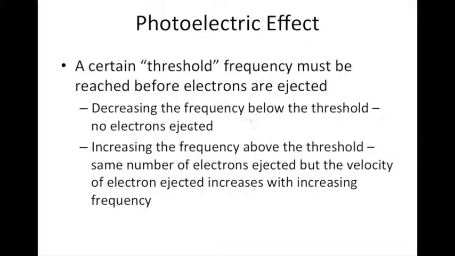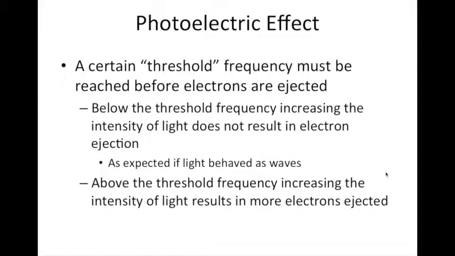Decreasing the frequency below this threshold, no matter how much you increase the intensity of the light, you cannot get electrons to be ejected. If you increase the frequency above the threshold, the same number of electrons are ejected, but as the frequency becomes greater and greater, the electrons that are ejected are ejected with greater velocity. Okay?